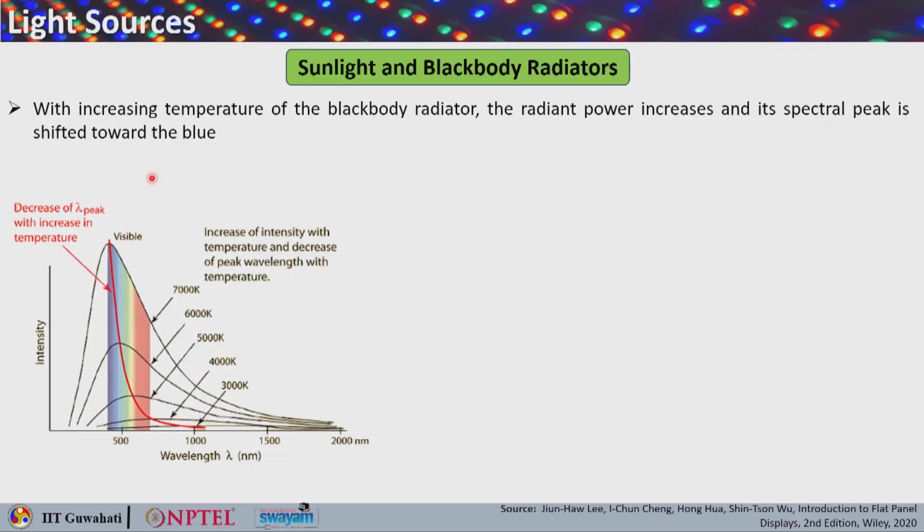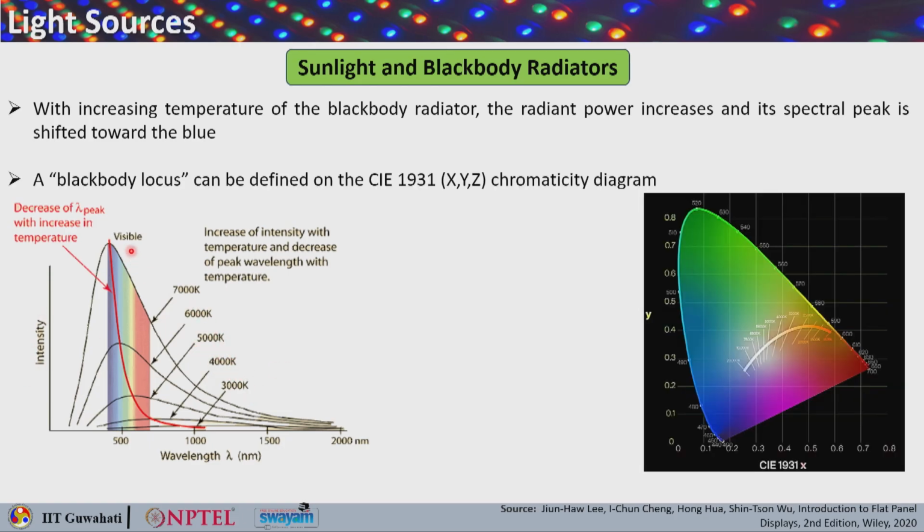So, now let us look into the spectrum. With increasing temperature of the black body radiator, the radiant power increases. You can see here that the temperature is increasing, so the radiant power is increasing. This is the intensity graph, and you see that the spectral peak is doing a blue shift.